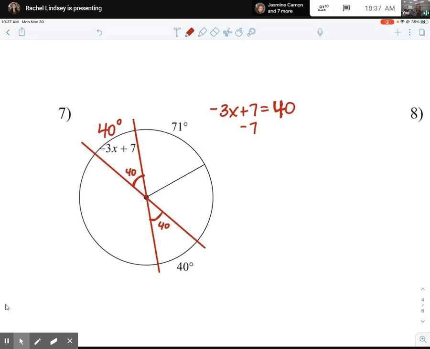So subtract 7. Negative 3x equals 33. So divide by -3, and x will equal -11.